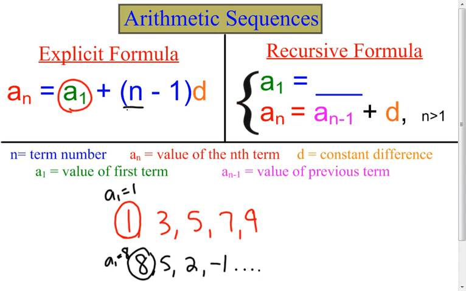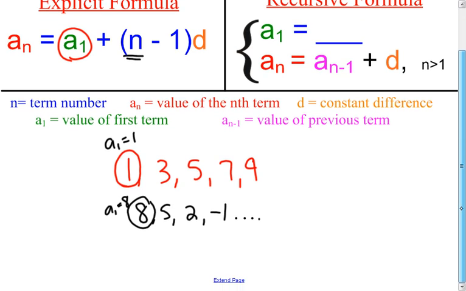n stands for a term number. Okay, so is it the 4th number on the list, the 3rd number on the list? What number on the list is it? For instance, with this spot right here, it is in the 4th spot on the list. 1, 2, 3, 4. Because it's in the 4th spot on the list, n would be 4, but then an is the value of that term. So in this case, I would plug in 4 for n, so a4 is -1.